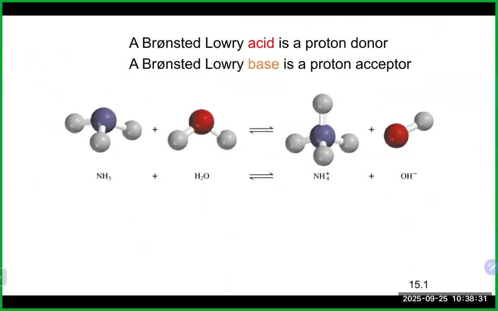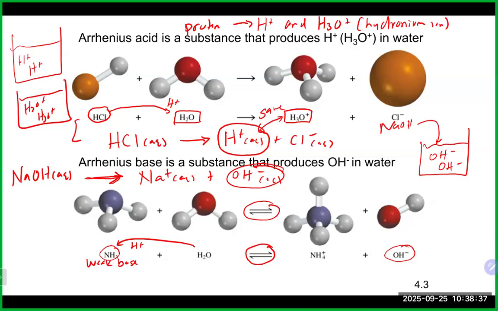I would say on our periodic table, we can find our strong bases in group 1 and group 2. So when we look at group 1 or group 2 on the periodic table, those are the alkali metals and the alkaline earth metals. Again, the word alkaline means basic, basically.